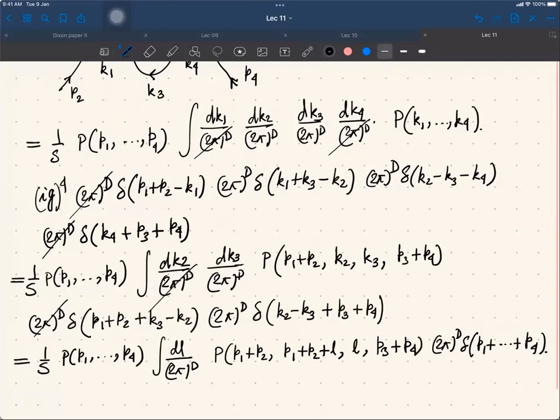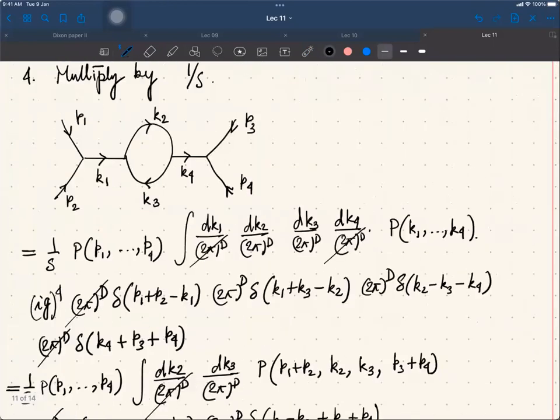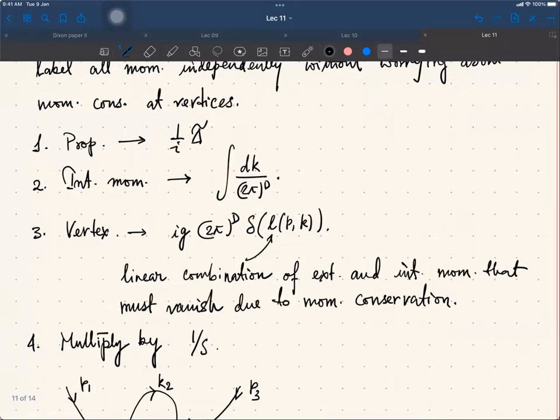So if you compare with the result that we previously got using a different set of Feynman rules, it's the same result, and it is just a demonstration of how these new Feynman rules work. One take-home message is that application of all the linear combinations of linear functions of the external and internal momenta gives you the overall conservation of the external momenta, which is independent of internal momenta.